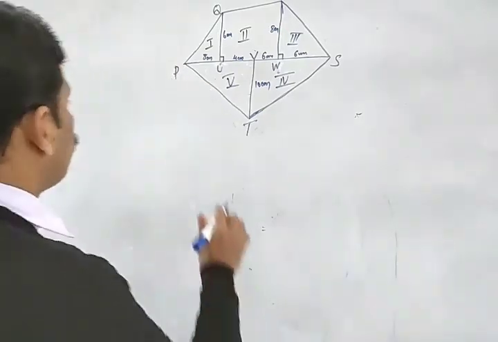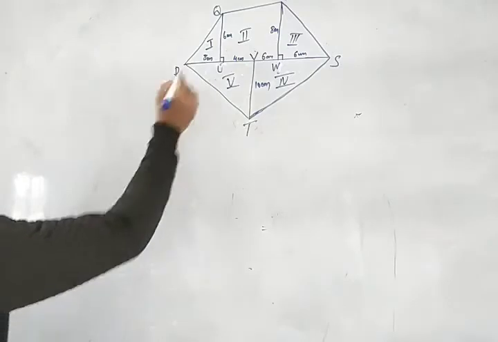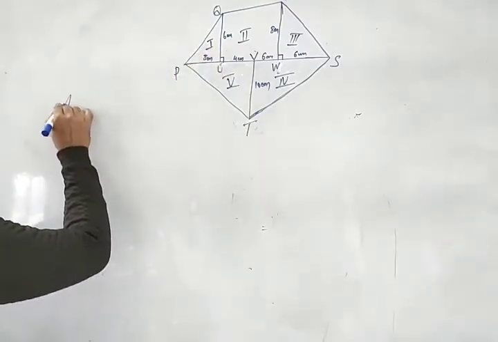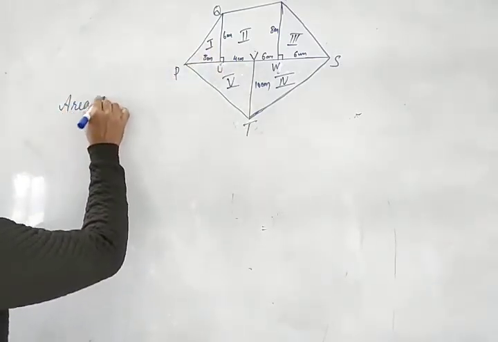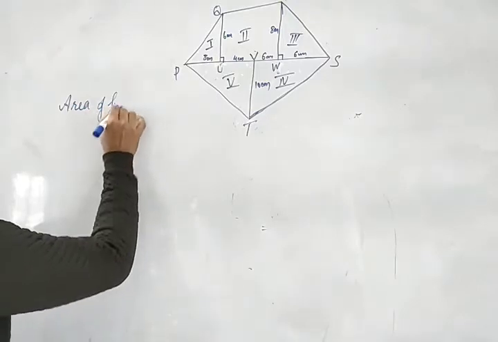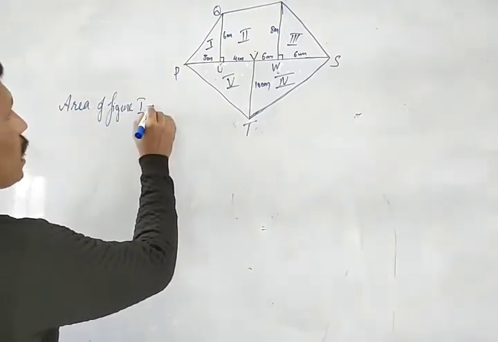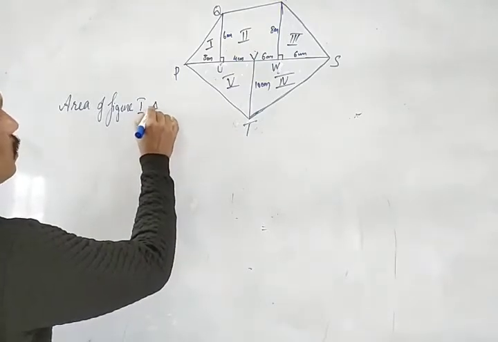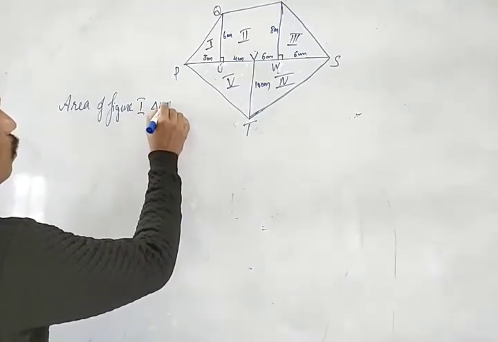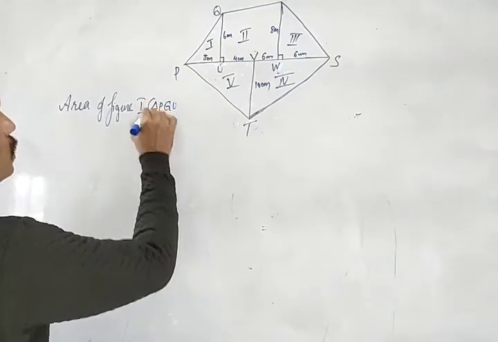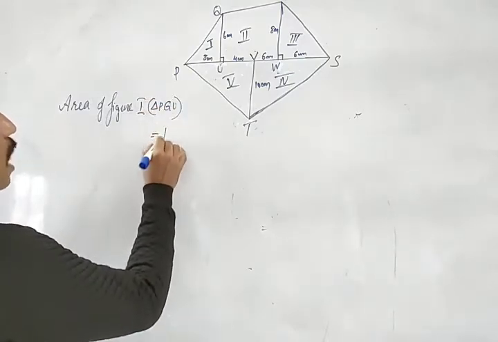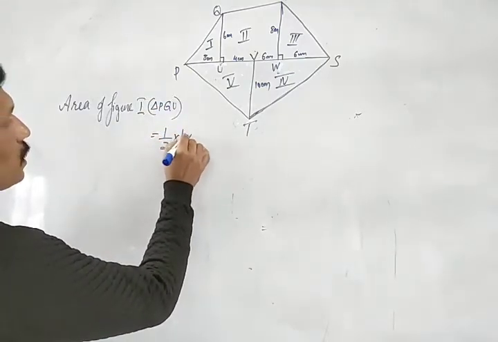Let us see how to find the area of this figure. First, I take figure number 1, area of figure 1. Figure 1 is a triangle, that means you can write triangle PQU. This is the area of the first figure. That's equal to half into base into height.